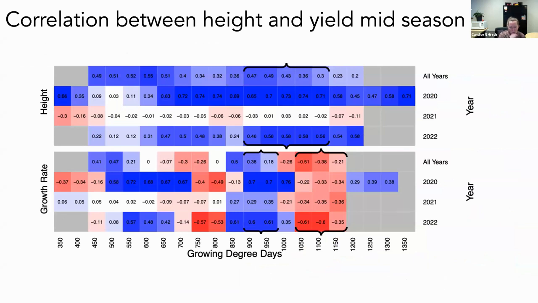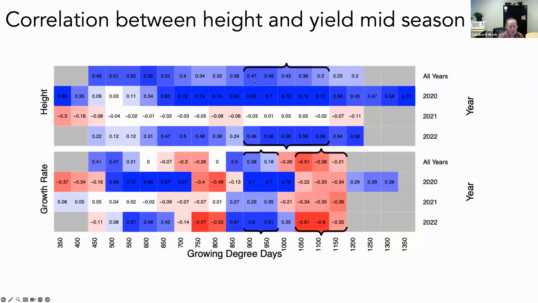And what we observed when we compared both height and rate to yield, so these are correlations between each of these metrics and yield, we do see that there's times in the year that we can look at the height pretty early in development and have quite a high correlation to the yield of that particular part of the field. So here in 2020, very, very early.